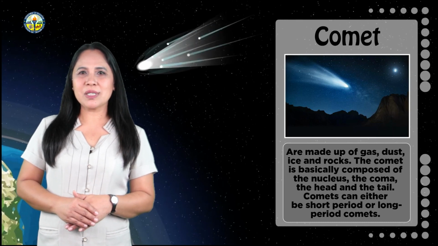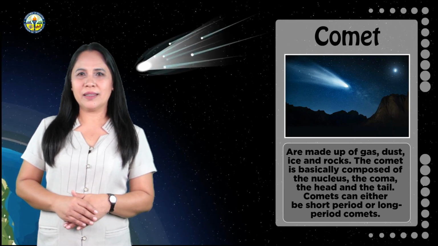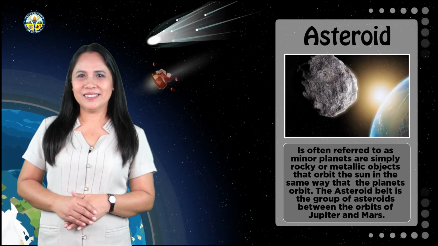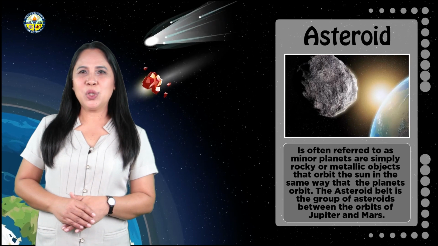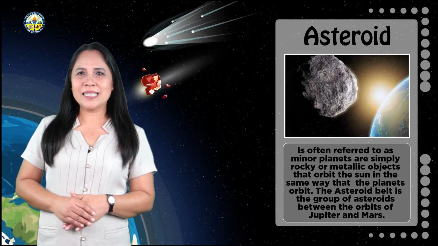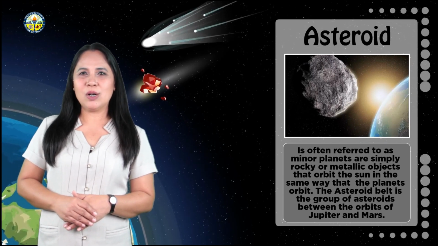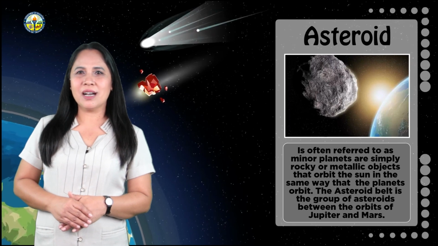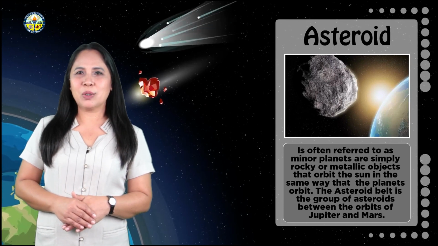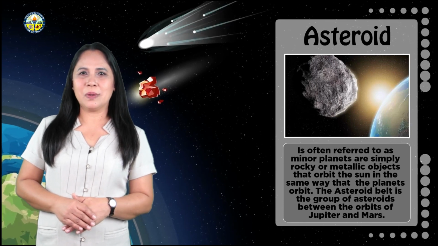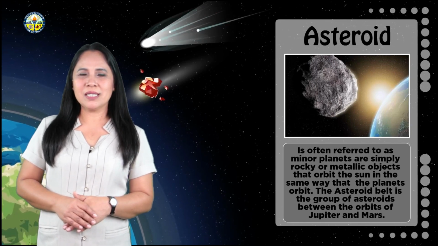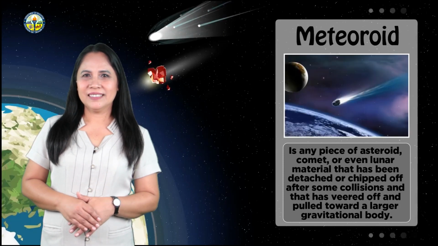The most famous comet of all is Halley's Comet. Asteroids, often referred to as minor planets, are simply rocky or metallic objects that orbit the Sun in the same way that planets orbit. The asteroid belt is a group of asteroids between the orbits of Jupiter and Mars.